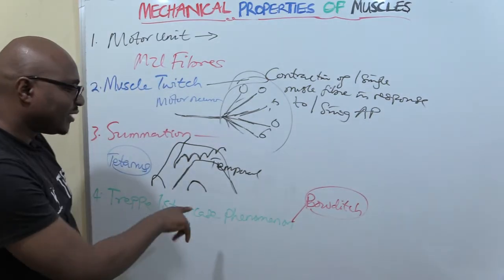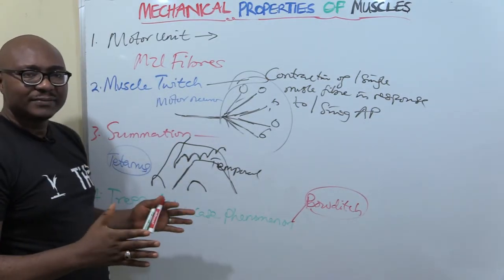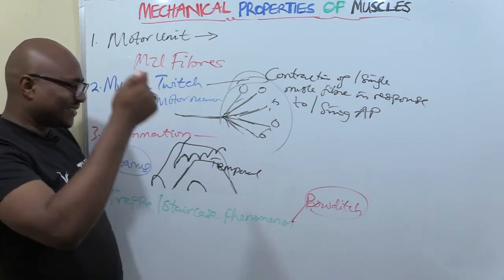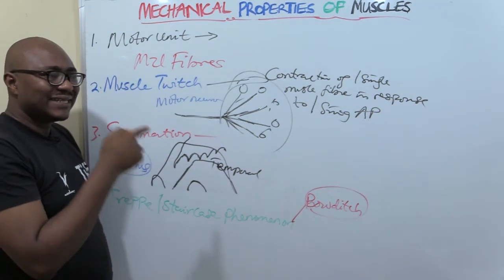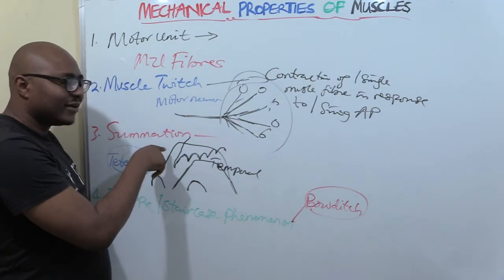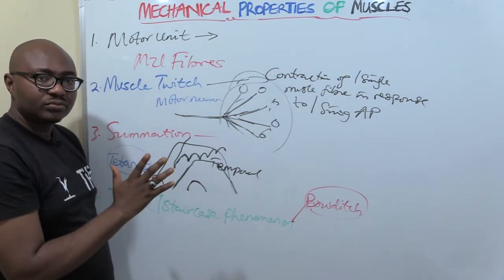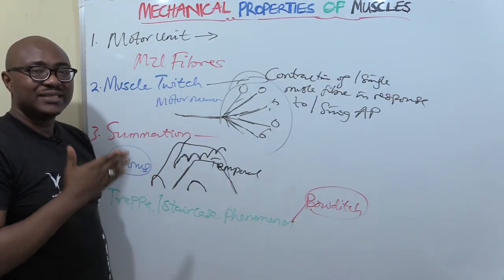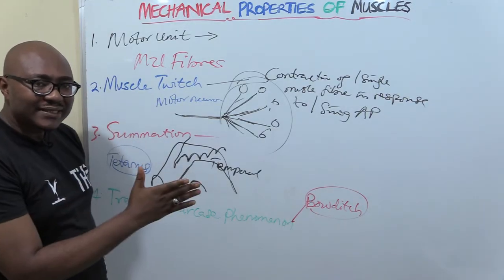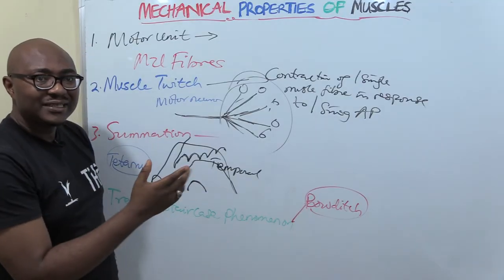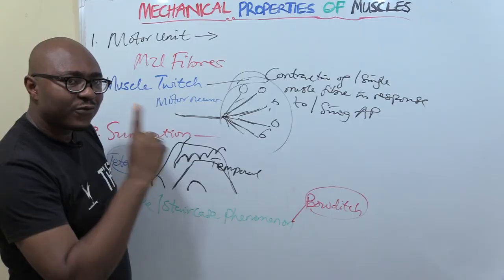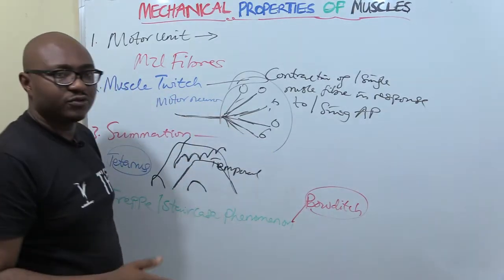But treppe has to do with applying an increased frequency that is less than the frequency required for summation to happen. That means it's a phenomenon that has to do with increased frequency of contraction that is now leading to a higher force of successive contractions.